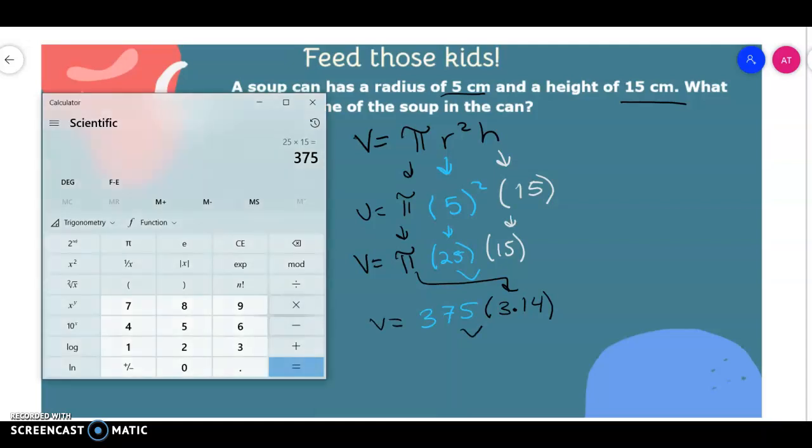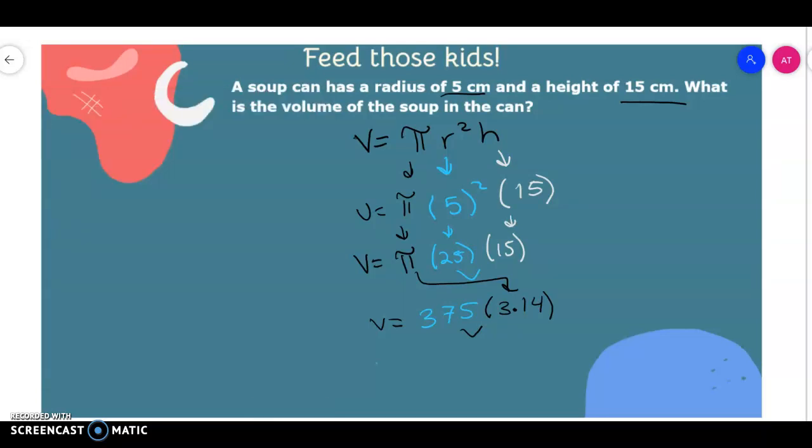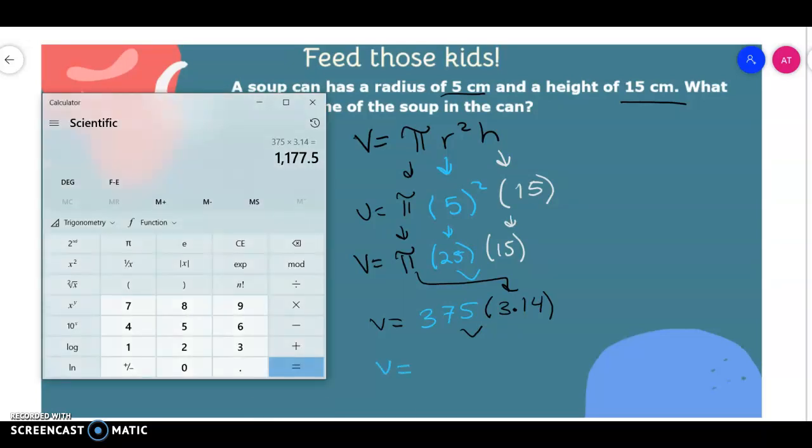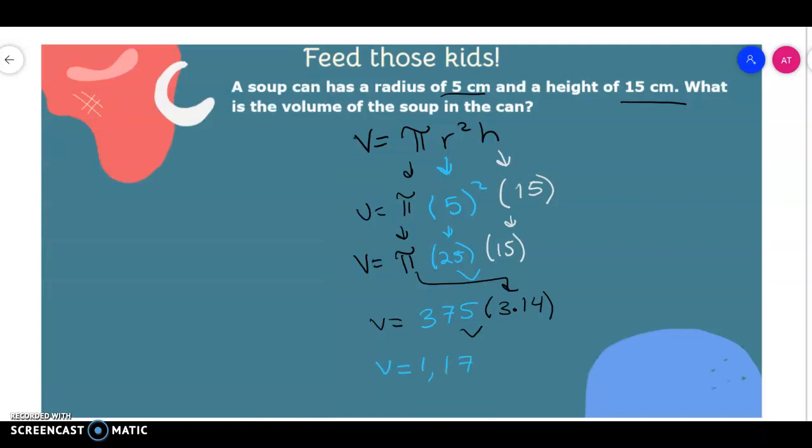So now I'm going to multiply it by pi, 3.14, and I'm going to get 1,177.5. Since there's no decimal place after it, I'm going to leave it as is. 1,177.5, and I'm dealing with centimeters cubed because it's volume.